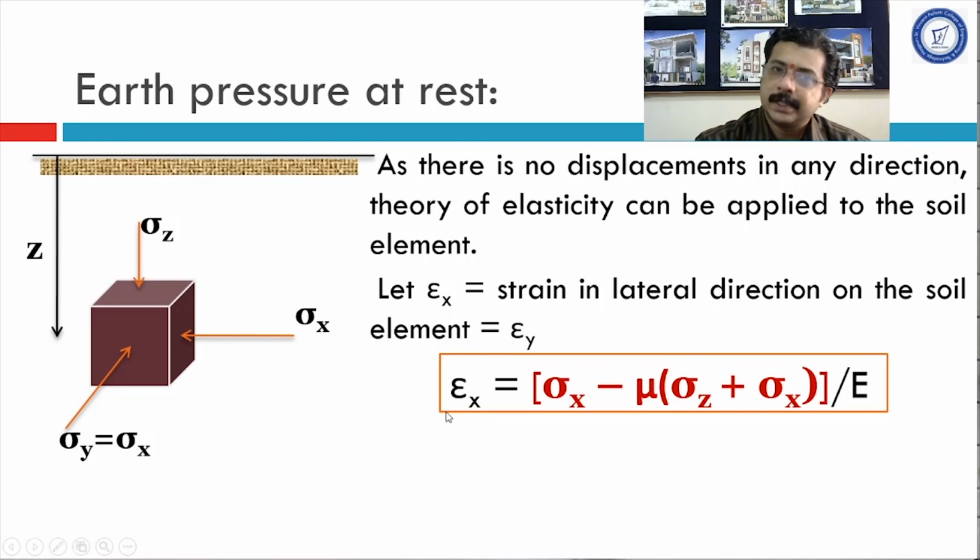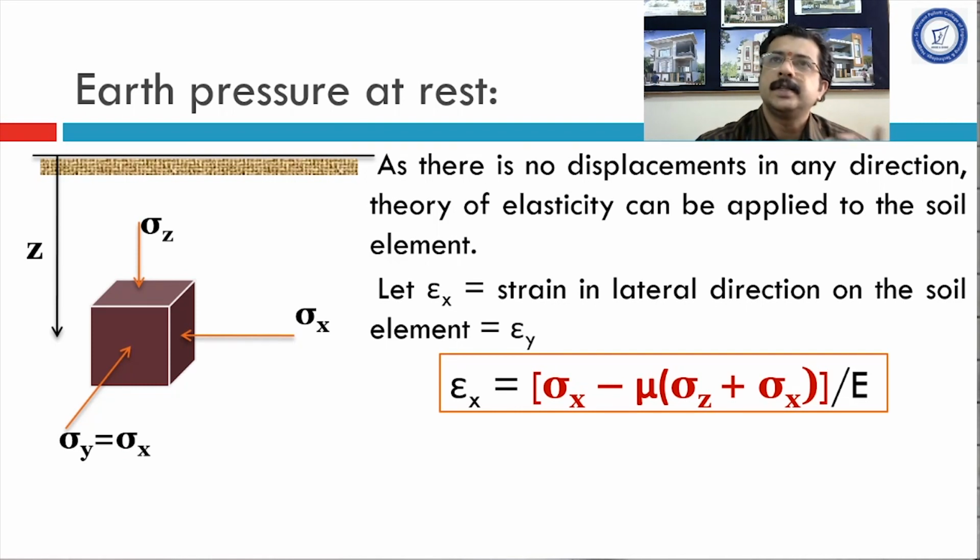According to theory of elasticity, we can say strain epsilon x is equal to [sigma x minus mu times (sigma z plus sigma x)], this complete quantity in square bracket divided by the modulus of elasticity, capital E. Now simply we know what modulus of elasticity is.